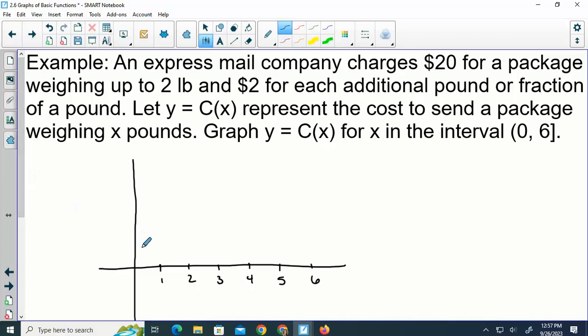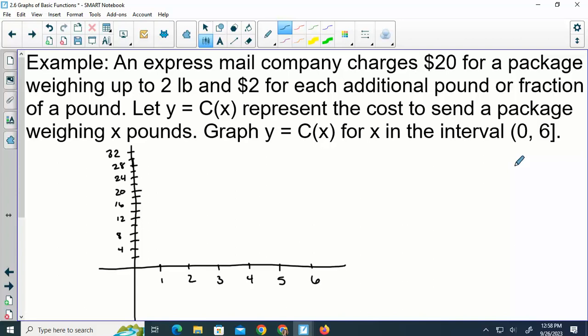Okay, what is the absolute cheapest my package is going to be? I'm going to count by 2's. You notice my interval, it has a parenthesis on the 0.